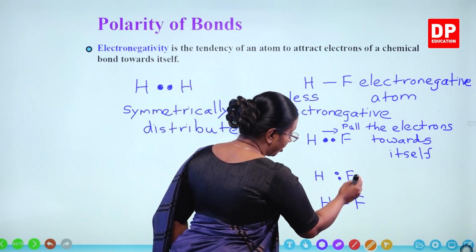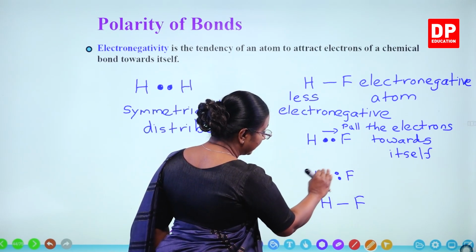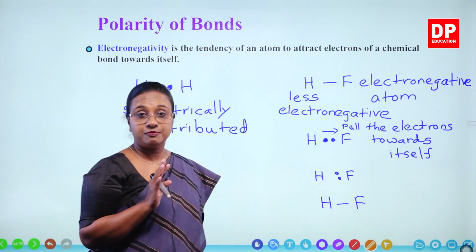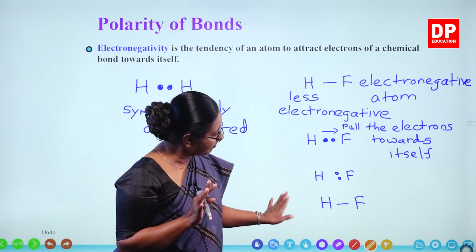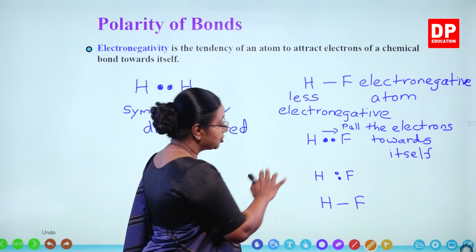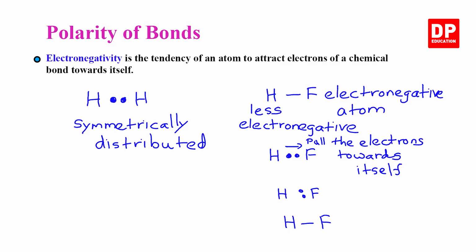The electrons are not completely lost. Still, there is sharing between hydrogen and fluorine. Most of the time, the fluorine is taking the electrons towards itself. So fluorine gets a partial negative charge and hydrogen gets a partial positive charge.